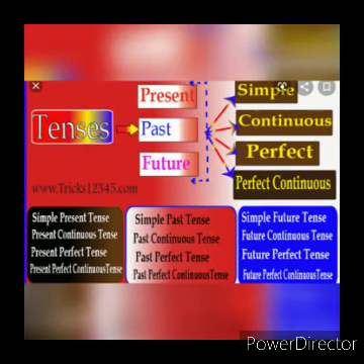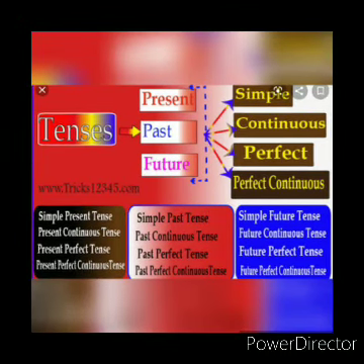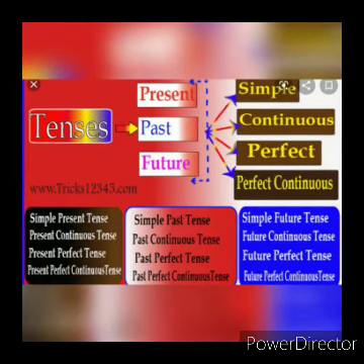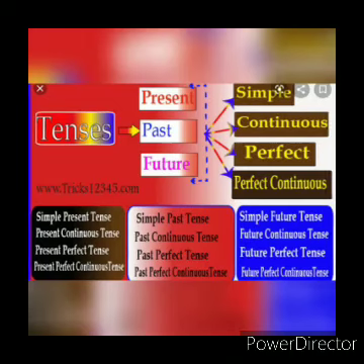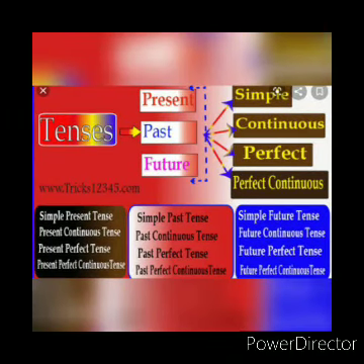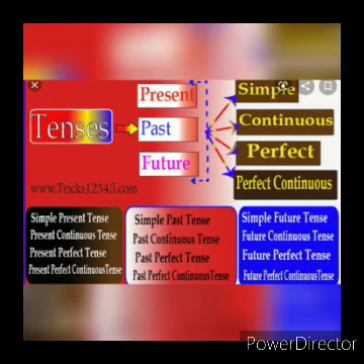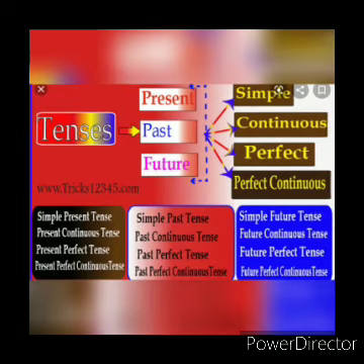Next we have simple past tense, past continuous tense, past perfect tense, and past perfect continuous tense. Then we have simple future tense, future continuous tense, future perfect, and future perfect continuous tense. In total, we have 12 tenses.